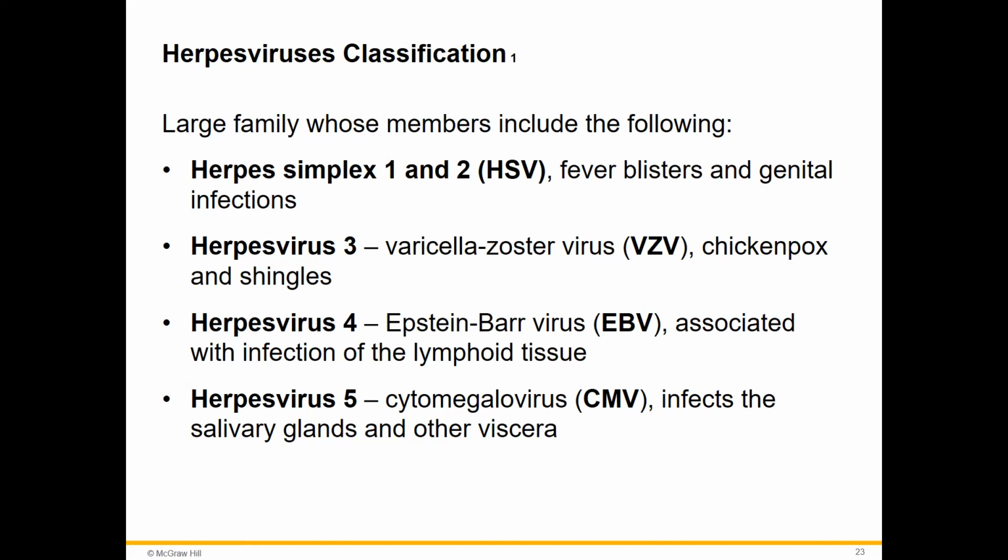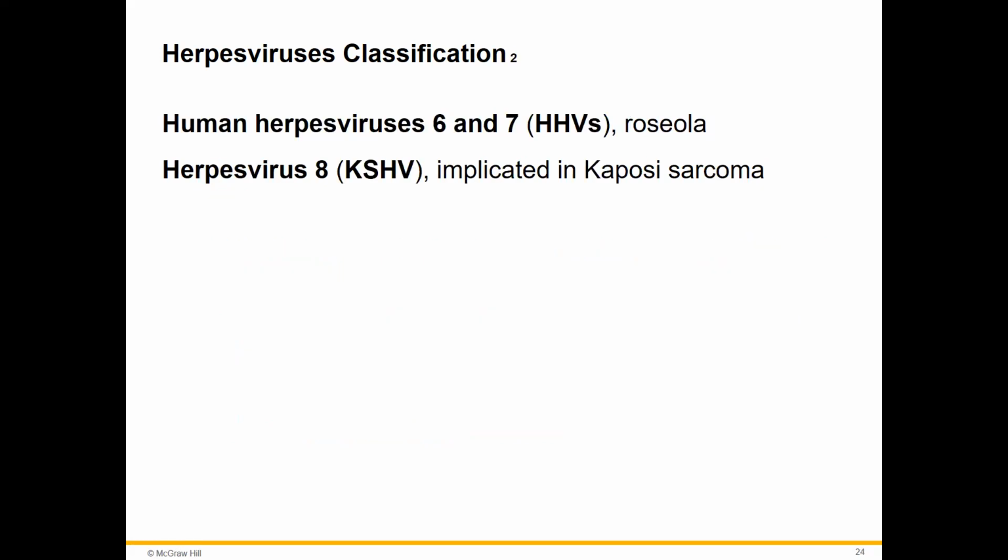Again, double-stranded DNA. HV 6 and 7, this is roseola. This would be one of your infantile exanthems, right? Exanthems being a viral disease that you can see in children. And then herpes virus 8, this is typically associated with Kaposi's sarcoma. That would be where I would associate that virus.